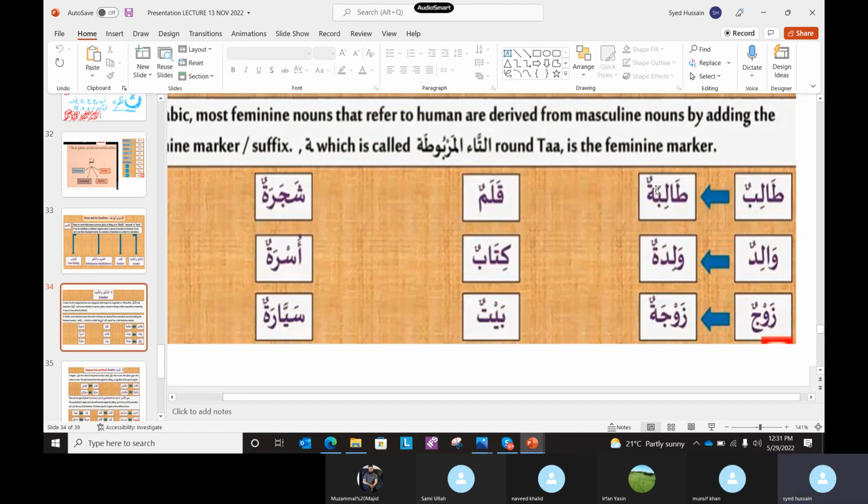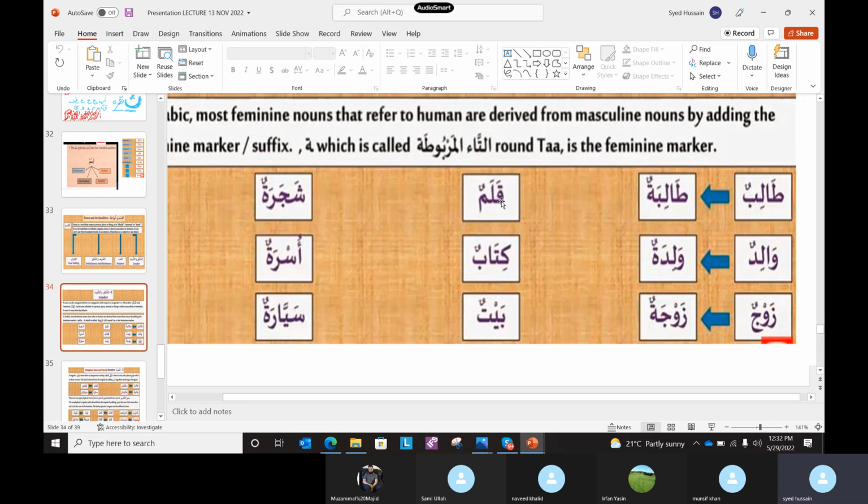Ta marbuta is making masculine into feminine. And it's very easy. It is derived from the same word, taliba, only adding ta marbuta. Right?